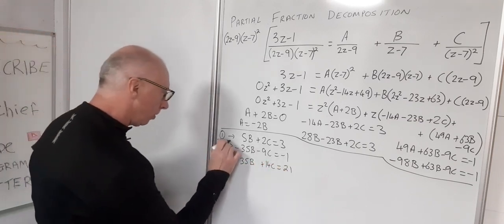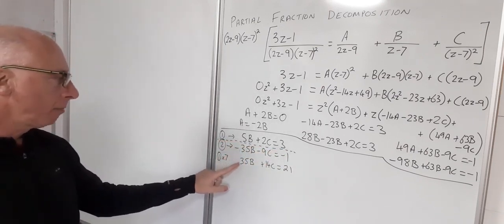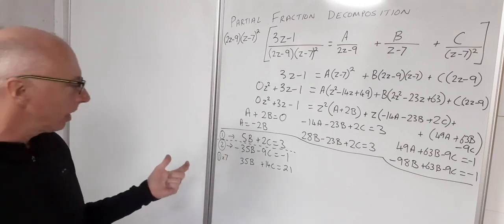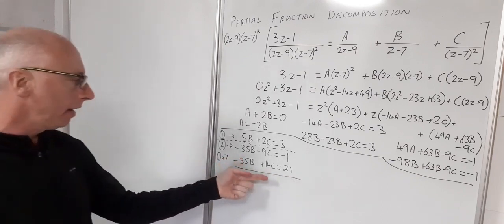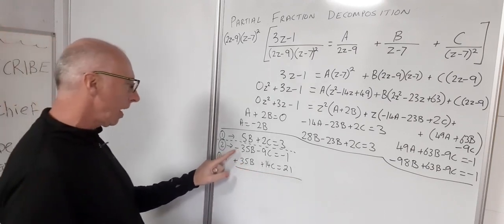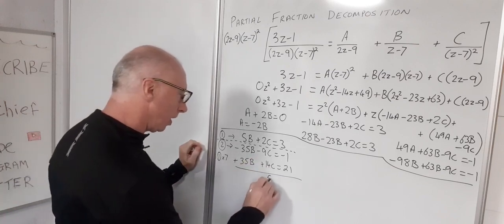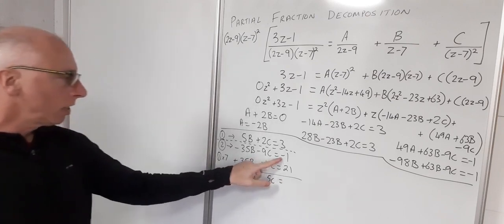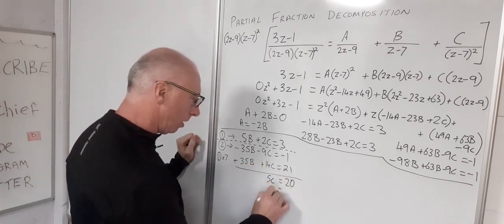So let's put a little dotted line under that to show that it's separate. And now I've got minus 35b and 35b, so I can add these together. That way I'll get my b to disappear and hopefully I can solve for c. So that will disappear. Minus 9c plus 14c will give me 5c. Minus 1 plus 21 will give me 20. So therefore c will equal 4.